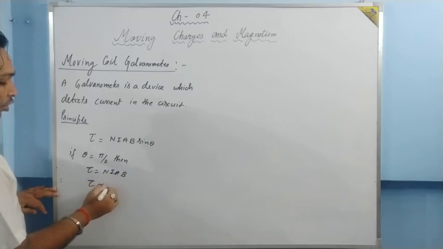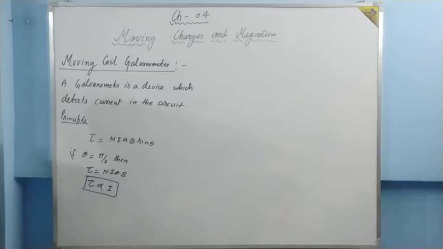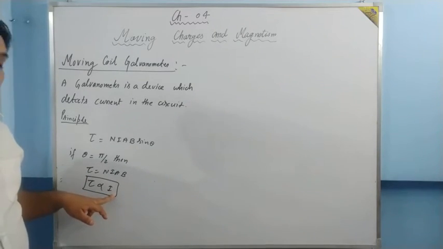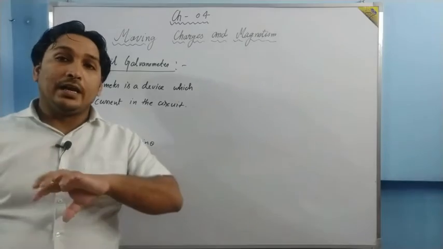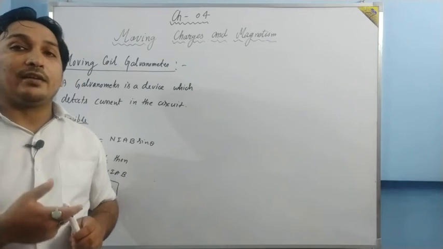So this torque is proportional to I. Higher the current flowing in the rectangular coil, higher the torque, and higher the torque, higher will be the angular deflection. The coil will rotate by a greater angle.